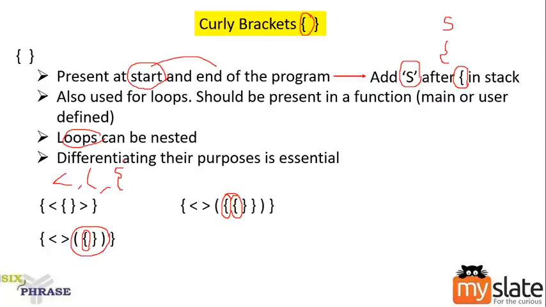After angular or after curly or after round bracket, everything is allowed, but except one. What is that one thing which is not allowed? If I have it like this, looping is present outside a function. Can you see that? We said it should be present in a function. Here looping is present outside a function, which means after the open bracket. Looping should not be present after the starting bracket.